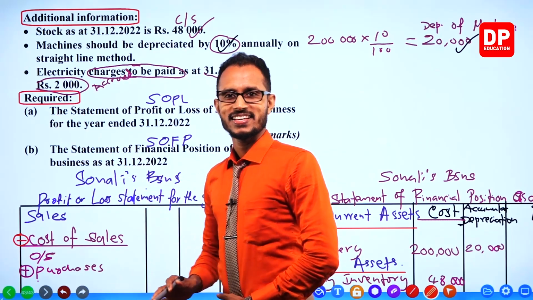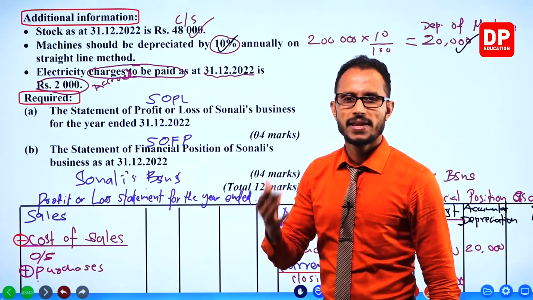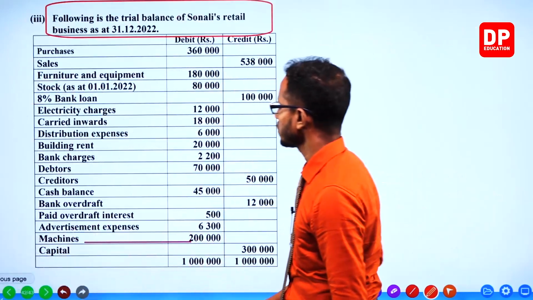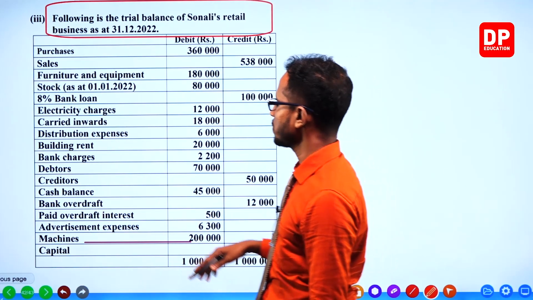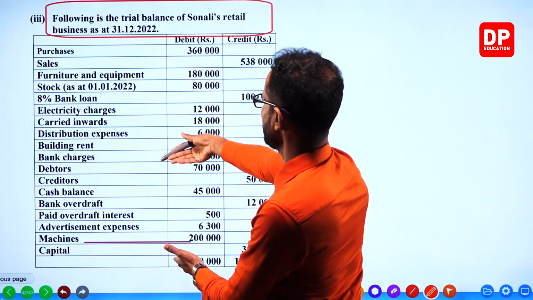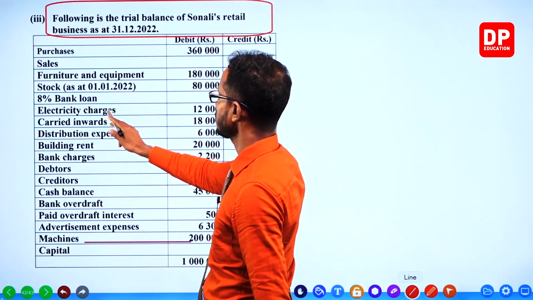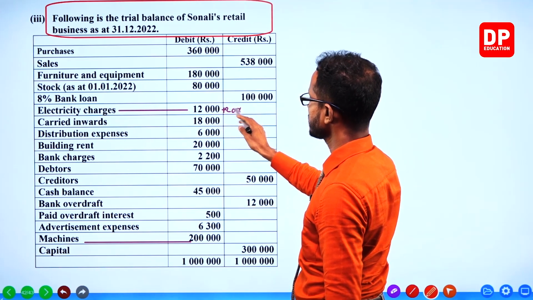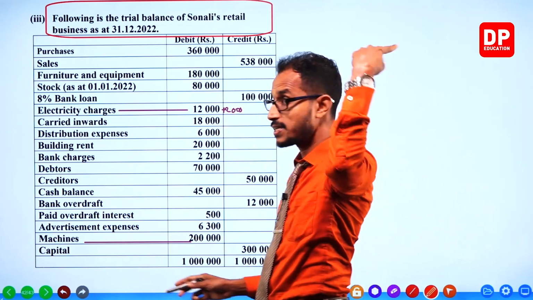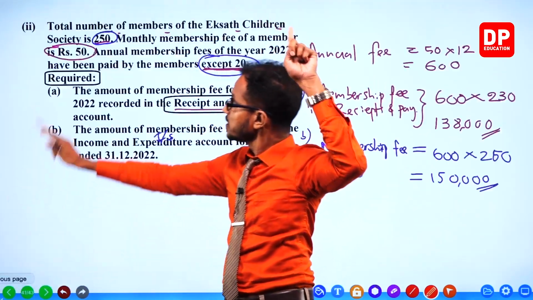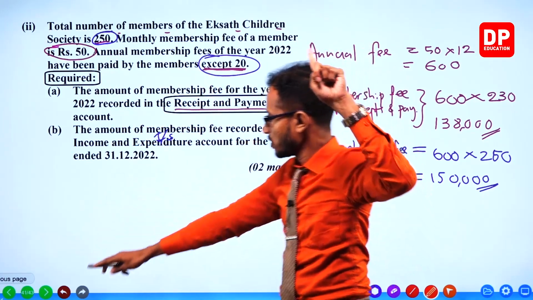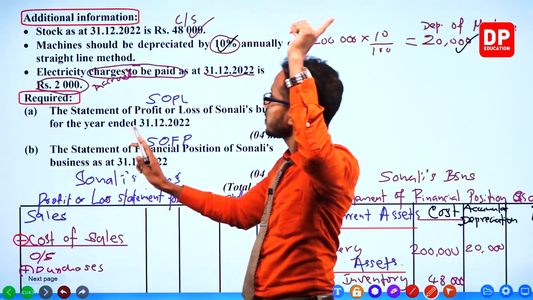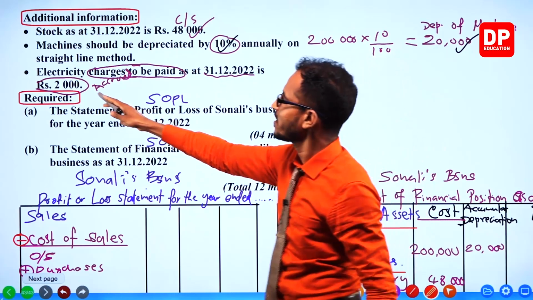It is an unpaid expense, and should be added to the paid amount. 2000 is electricity charges accrued. Check any electricity charges given. It's here. 12,000 plus that 2000. Okay, accrued.